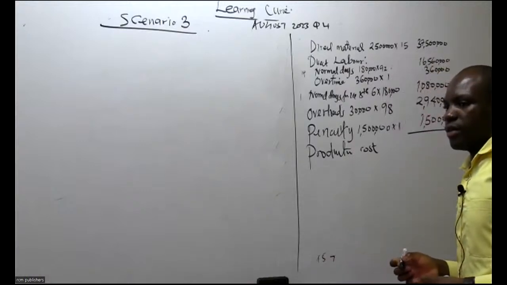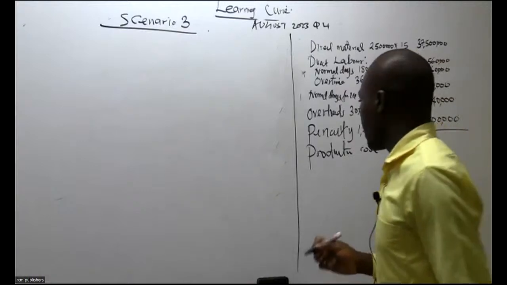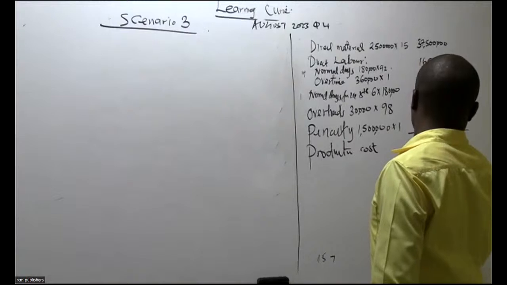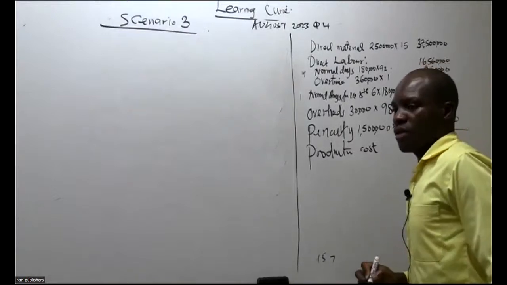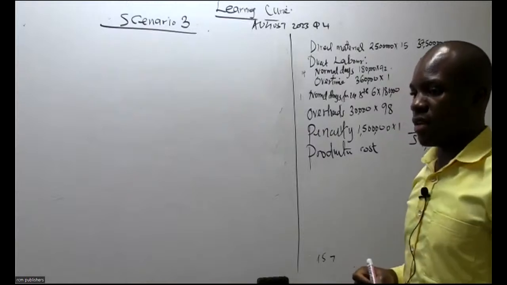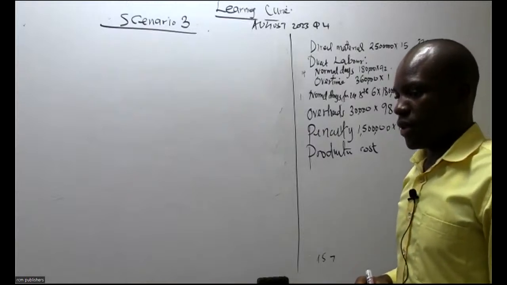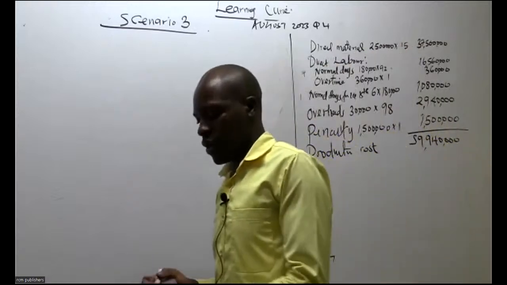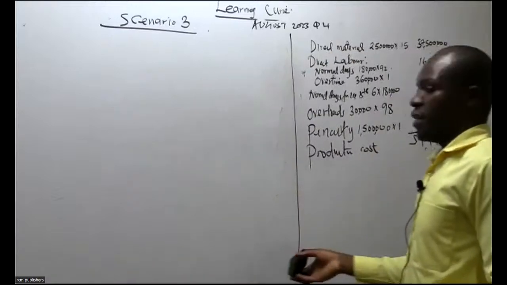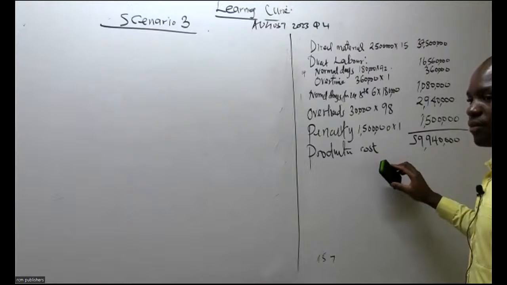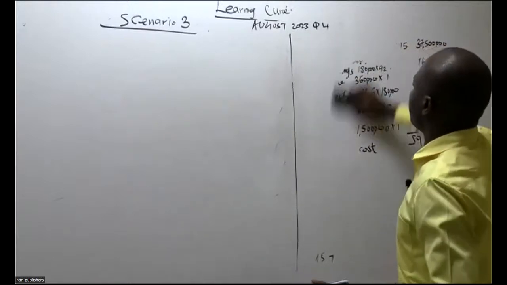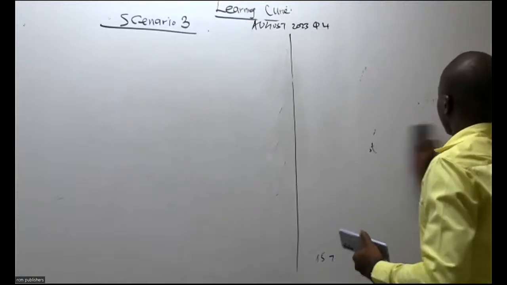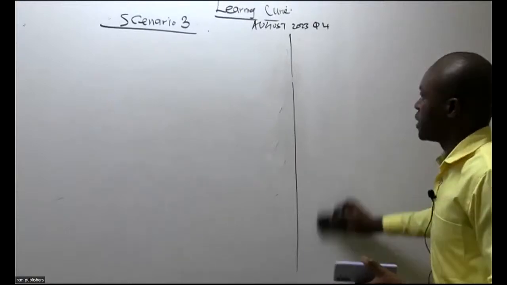Then we get to scenario number 3. 59,940. 59,940,000. Okay, I can see 2 people are getting that, so I will just assume that everyone will be getting this. Everyone should be getting that.